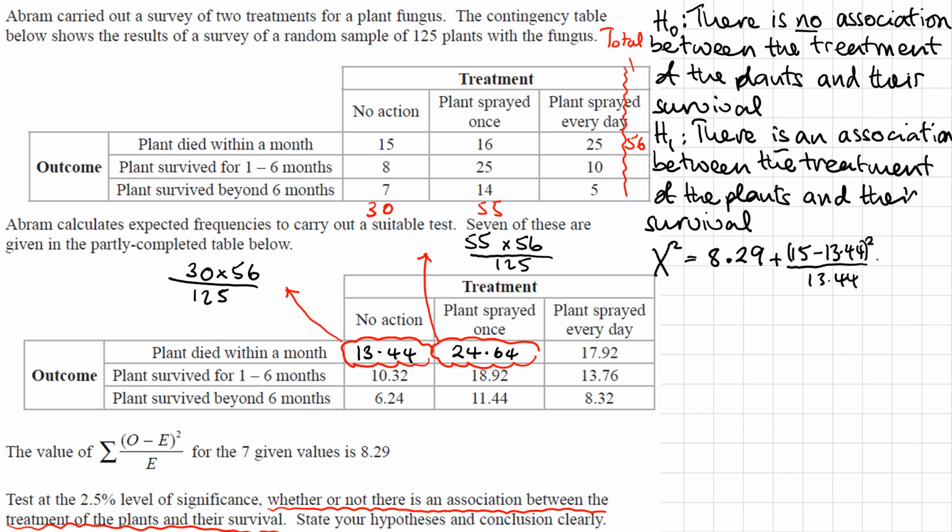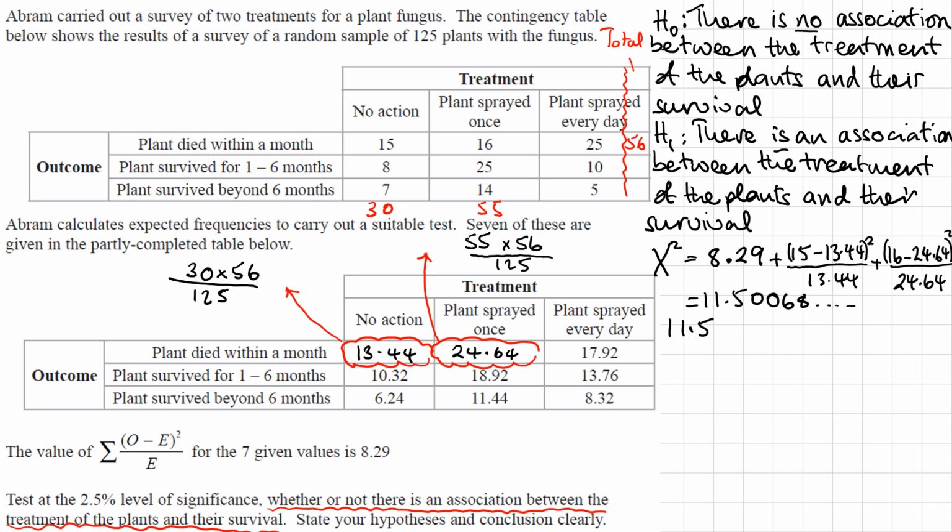Then I do the same for this cell here. The observed was 16, so it's 16 minus 24.64, squared, divided by the expected, which is 24.64. This gives me a value of 11.50068 and so on. To 3 significant figures, we'll call that 11.5.